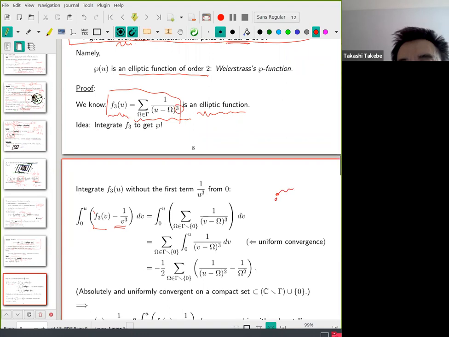But of course, the integration contour should avoid lattice points.